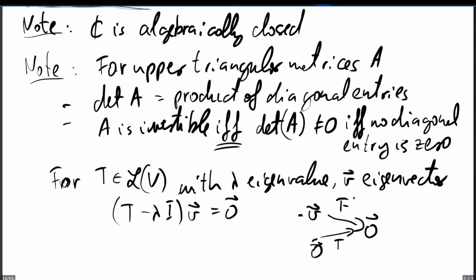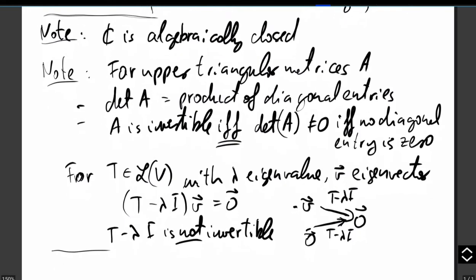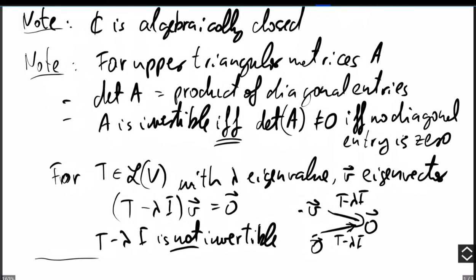Now this is not T, this is T minus lambda I. So two different vectors are mapped to the zero vector. That means T minus lambda I is not invertible since it's not one-to-one. So these are some basic remarks about operators in general and about upper triangular matrices.